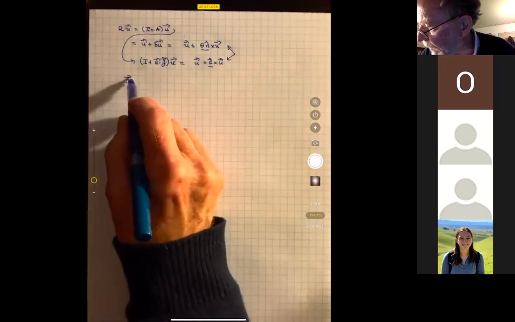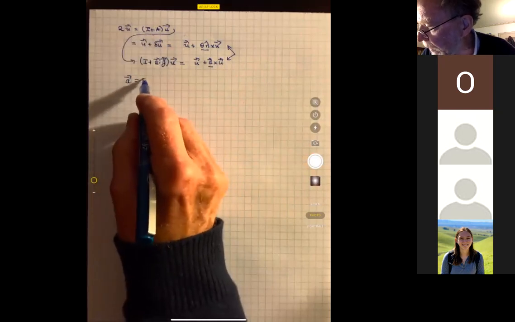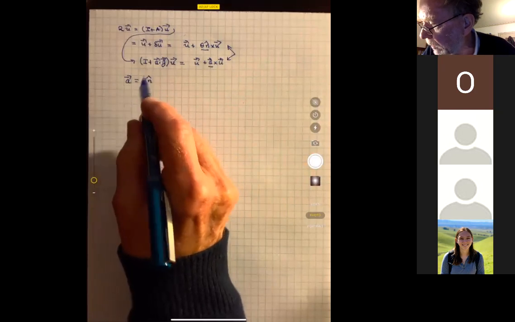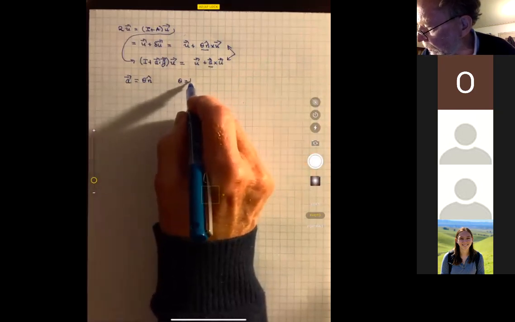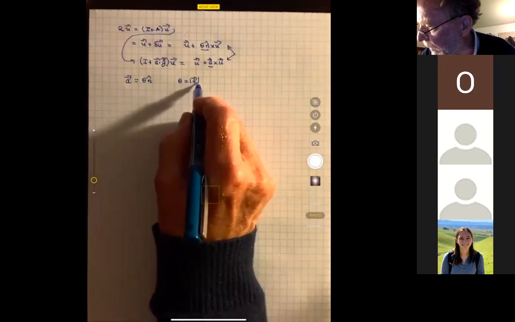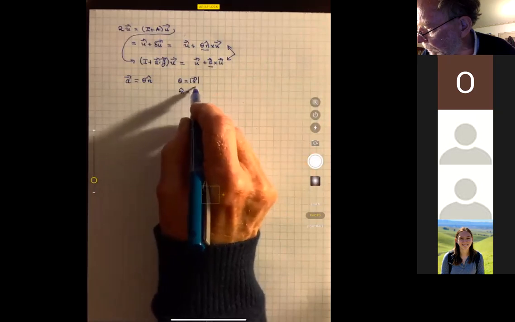And what you find is the vector A, which appears in this infinitesimal correction matrix, is theta times n hat. Or in other words, to solve it the other way around, theta is given by the magnitude of A, and n hat is given by the direction of A. It's vector A divided by its magnitude.